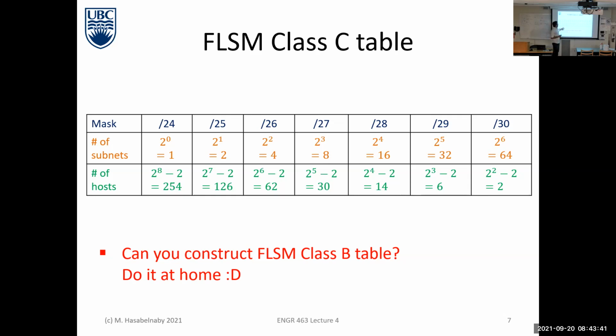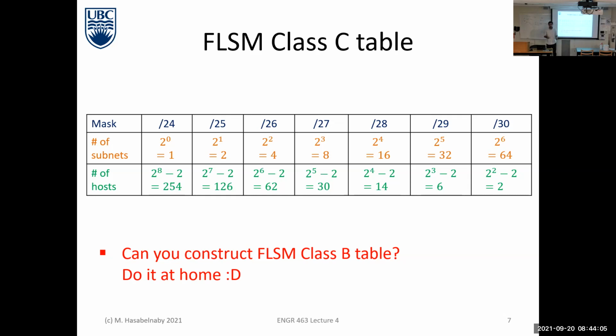Let's take the option of /28. In /28, what is the difference between the new mask and the default mask? The new mask is /28, and the default mask was /24, so 4 bits different.